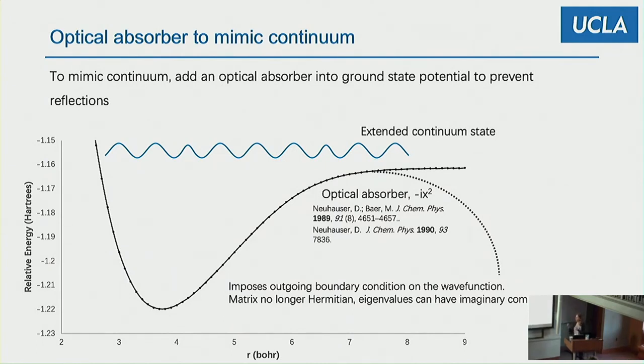The line was kind of blurred in the 90s there. He compared his optical absorber method with coupled channel scattering calculations and found pretty good agreement in transition amplitudes for collinear reactions. I lucked out because Danny's down the hall from me, so I went and bothered him about some papers he wrote 20, 30 years ago, and he helped me out with placing this optical absorber.